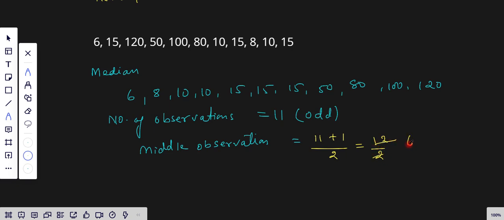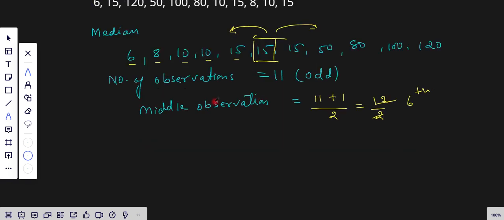So 2 sixes are 12, that is the sixth term. Now this is first, second, third, fourth, fifth, and sixth. So this is the middle observation. Before this middle observation I have 5 terms, and after this I have 5 terms, right? So 15 is the middle observation. Now the median of this observation is equal to 15.